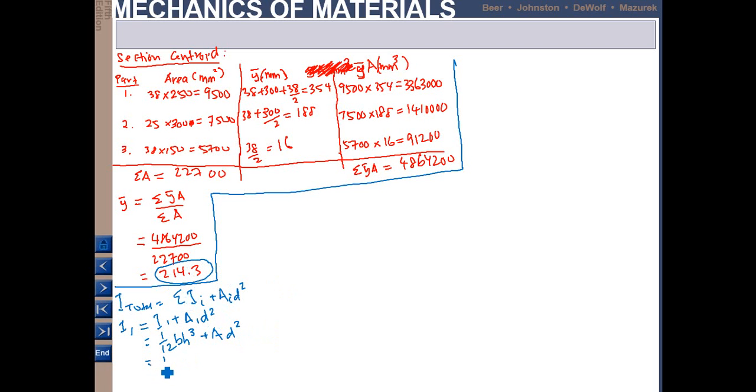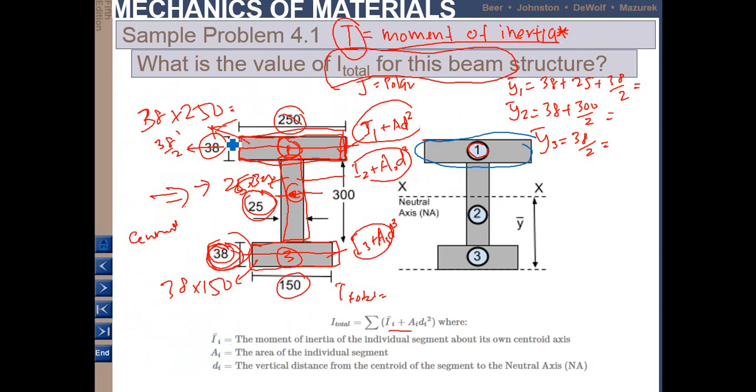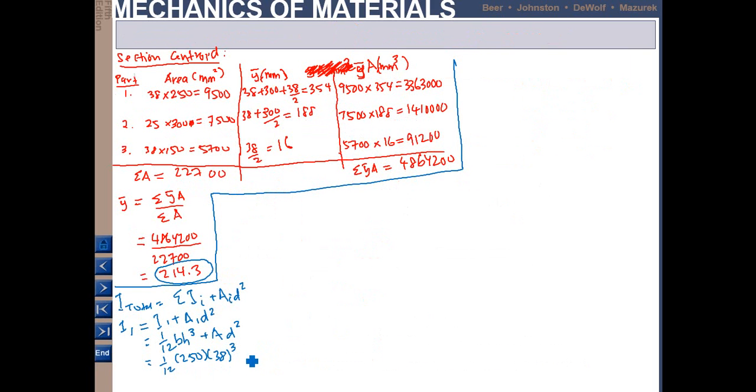So it is 1 over 12 times B 250 times H 38. You look at these values by referring to this structure: this is 38, which is the H, and this is the B, 250.